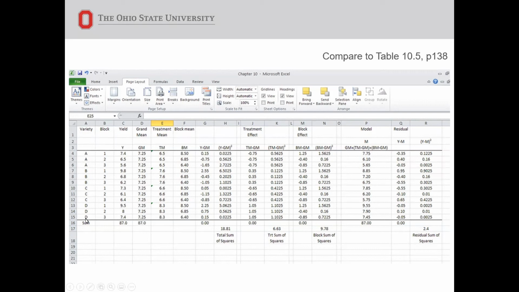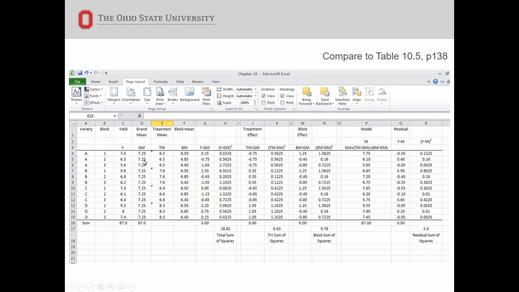So in the column we can define the varieties, A, B, C, or D, the block that they are assigned to, and the data, the observations taken from table 10.5. The grand mean, of course, is the same for all of these values.